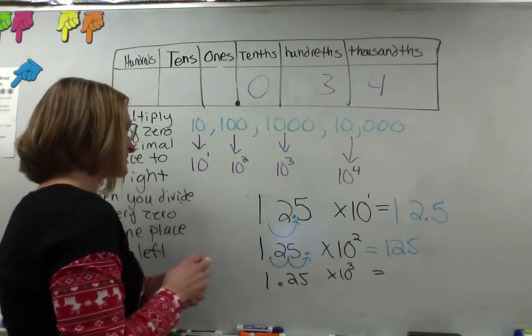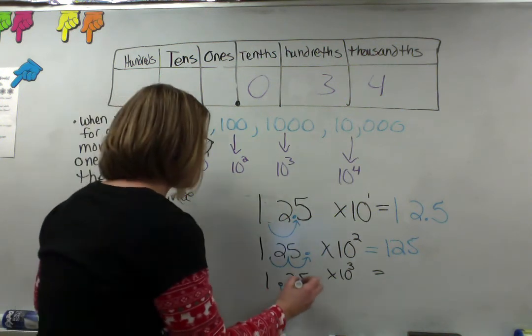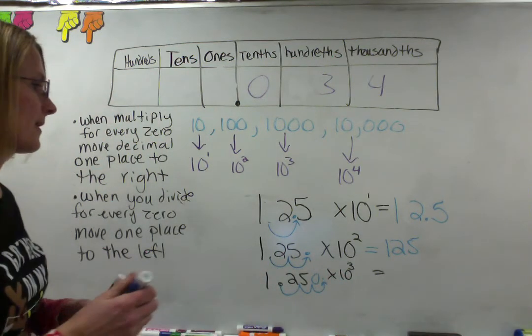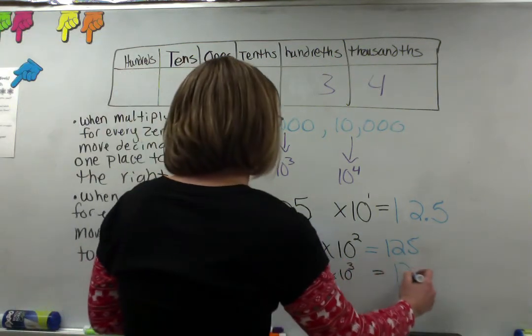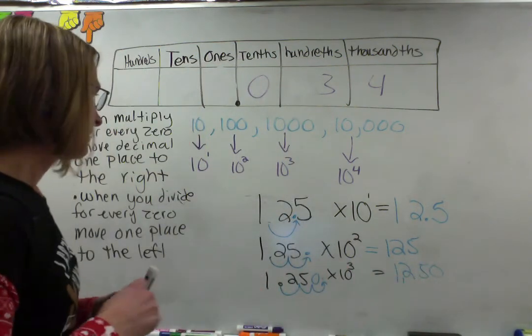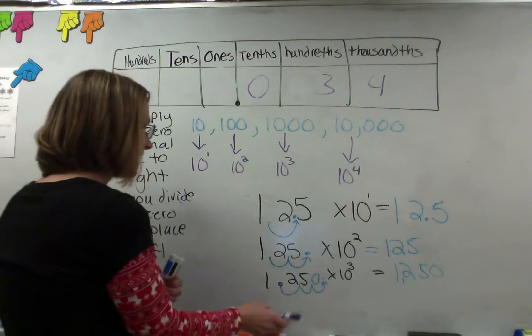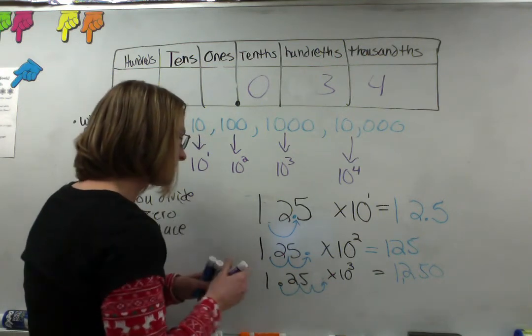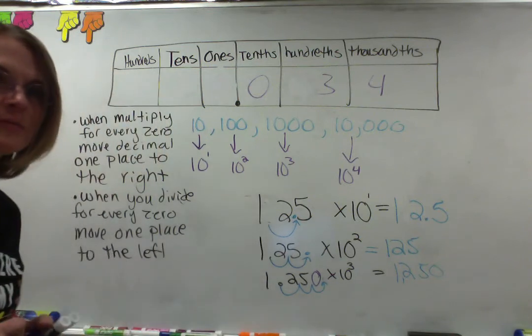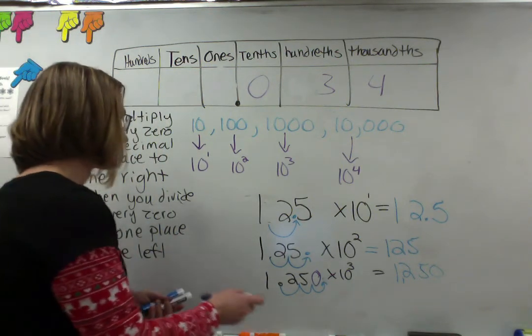So I'm going to move my decimal 3 places, 1, 2, 3, to the right. And my answer is going to be 1,250. And notice that I'm looping. When I got here, there's this empty loop, so I put a placeholder in it. So that's where my 0 comes in. And that pattern would keep continuing.